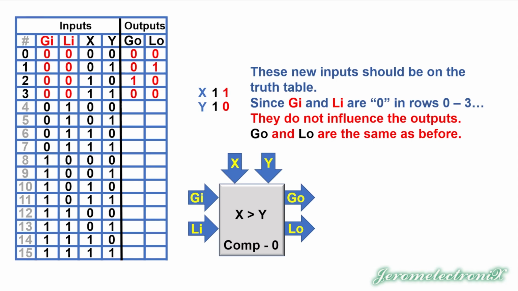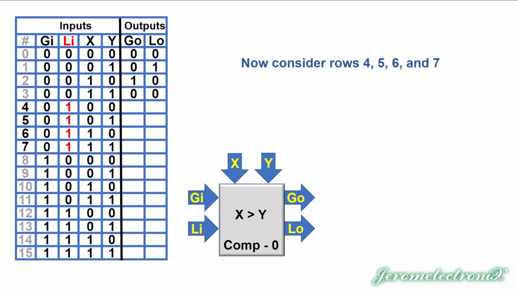But now with the next group of 4 inputs, the ones in the LI column indicate that in a previous operation, in a previous comparator, we have found that x is less than y, and we have 4 possibilities where that has happened, regardless of what x and y are currently.